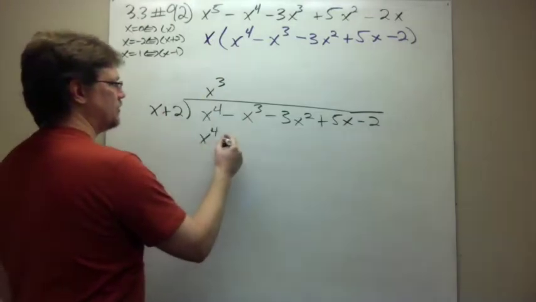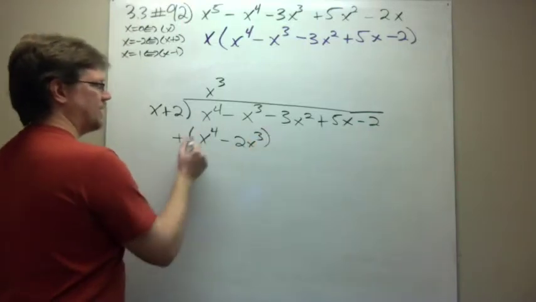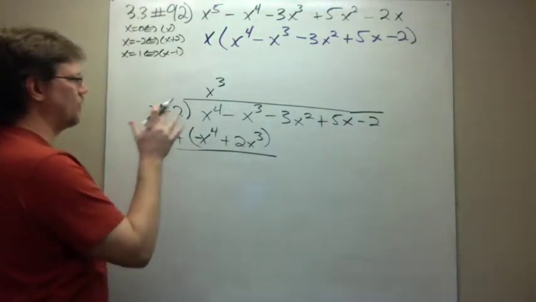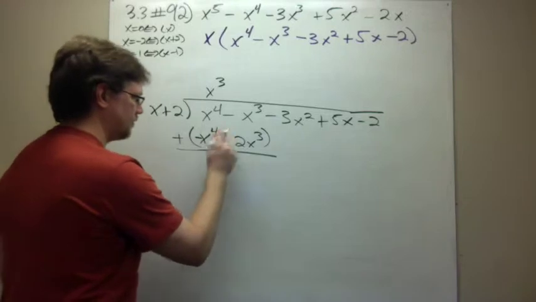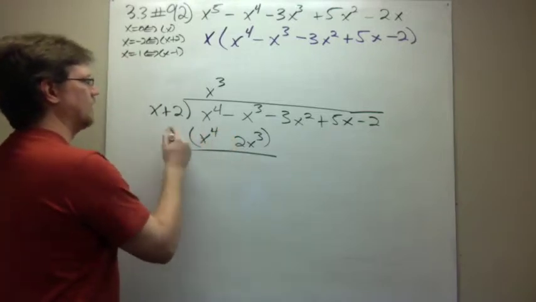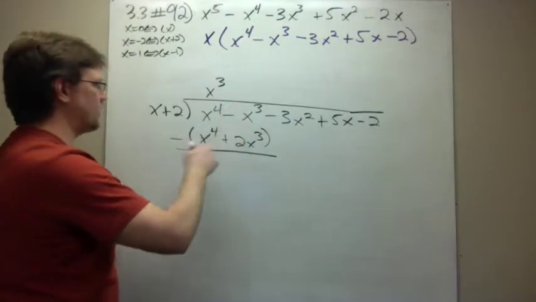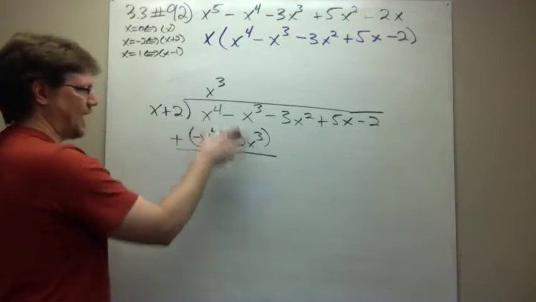X cubed times 2 is 2x cubed. We subtract, which is the same thing as flipping the signs and adding. Minus signs, don't let them fool you. Now we flip the signs and add.